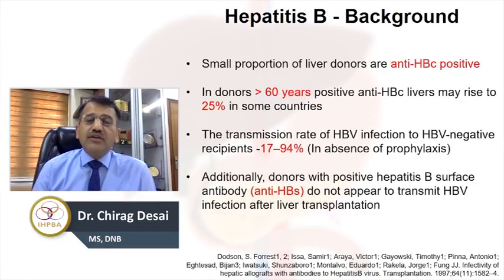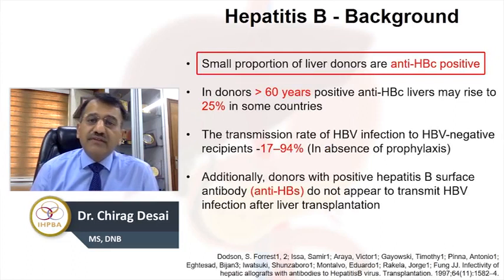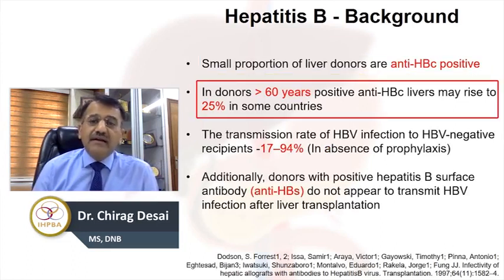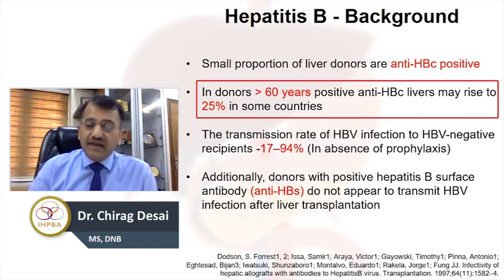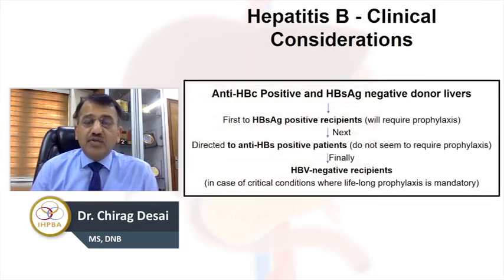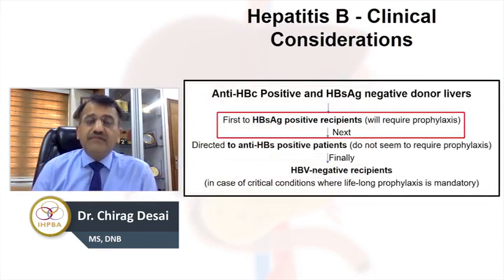So if you talk about hepatitis B, a small proportion of liver donors are anti-HBc positive, and elderly people with HBc positivity are a deadly combination, and one has to be very careful before considering this combination. Otherwise, anti-HBc positivity alone is fine. When such a donor is used, it is first offered to those who are HBsAg positive.